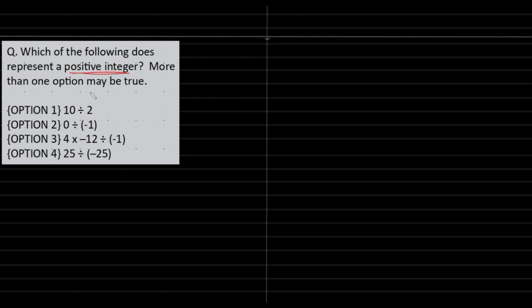So what we're looking at is positive integer. Let's recall the classification of numbers. First classification is what? Correct, natural numbers. It starts with +1 to +infinity. The next one is whole numbers, which start with 0 and include all the above numbers.